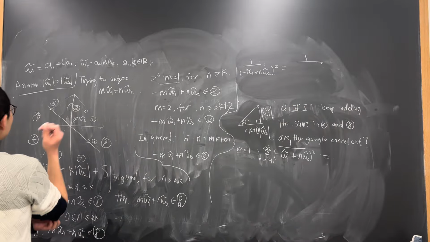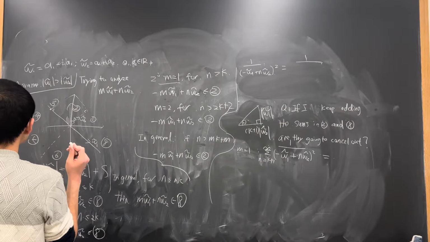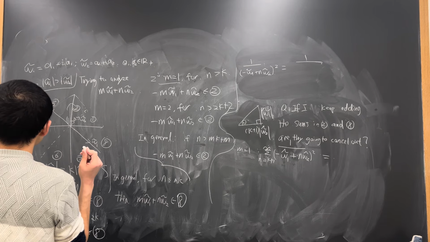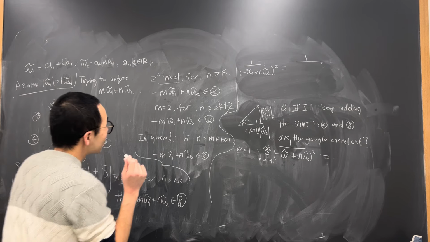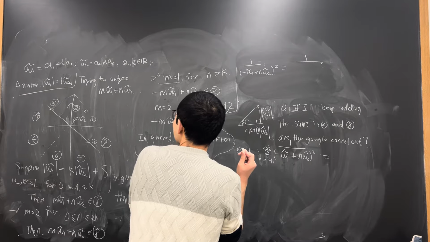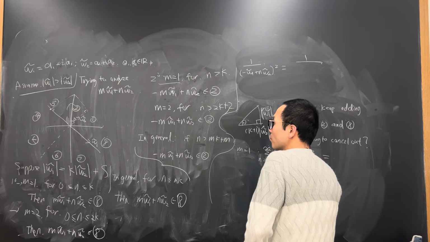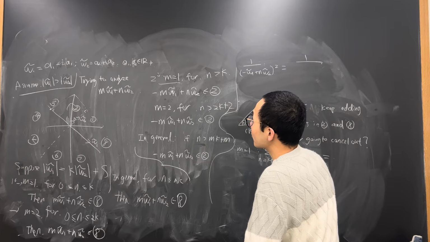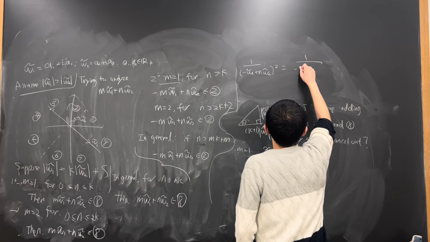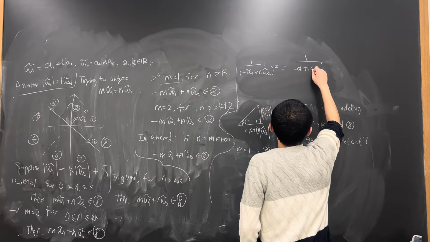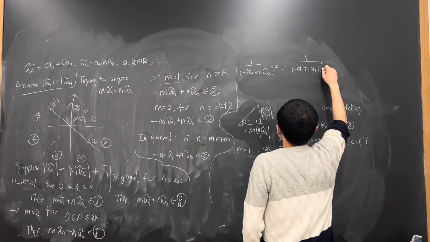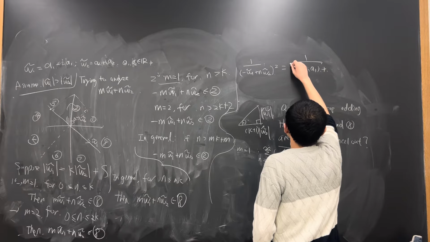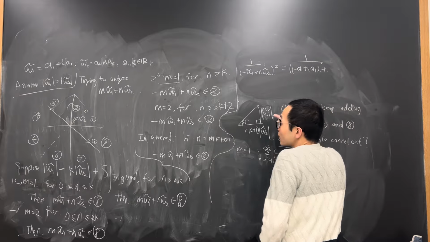Okay, so here, minus omega 1. So minus omega 1 becomes negative A1 plus iA1. And then plus what?